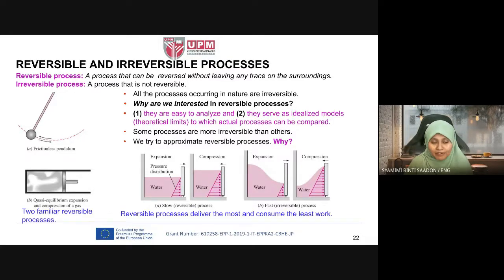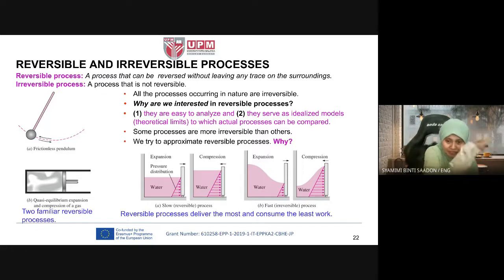For example, a reversible process: if you have a frictionless pendulum, sorry, I cannot remember the word in Malay for pendulum. We learned it in primary school. If we throw the pendulum and it's frictionless, the process is reversible.